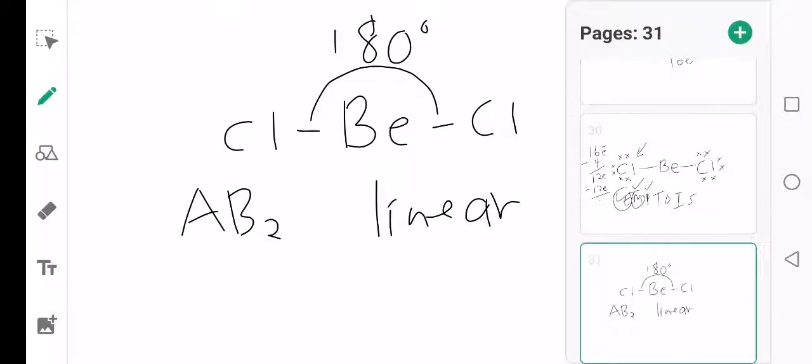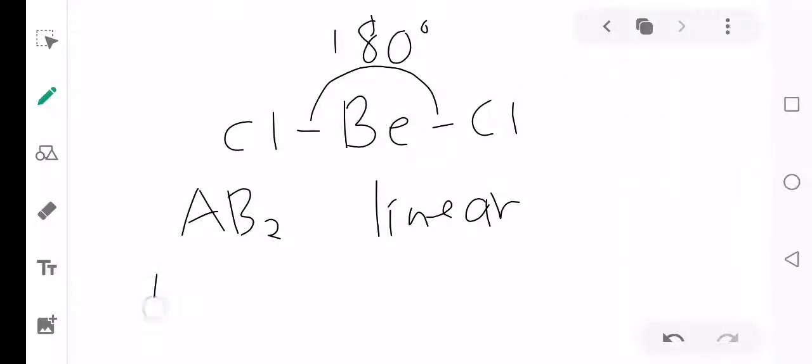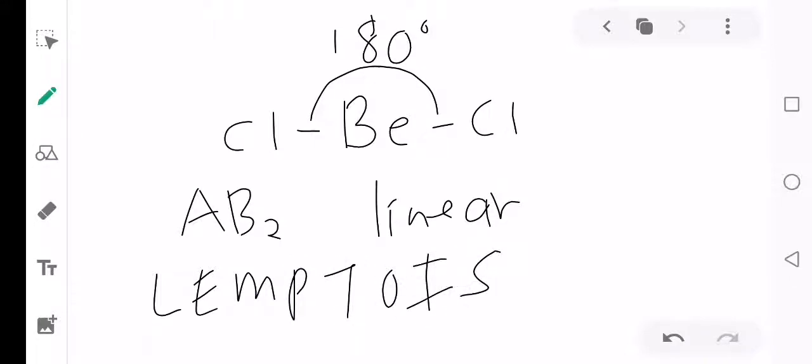The basic shape is linear, and the molecular geometry is also linear, and then the bond angle is 180 degrees. So the Lewis structure is done, and the molecular geometry is done.